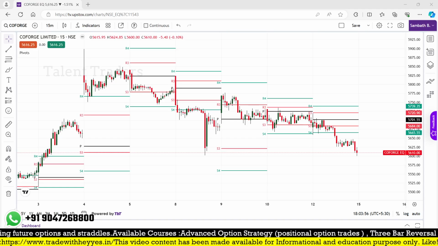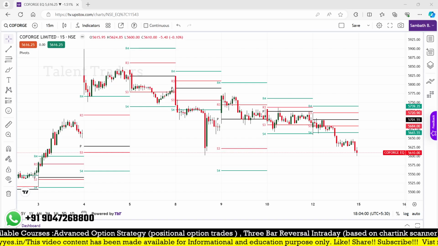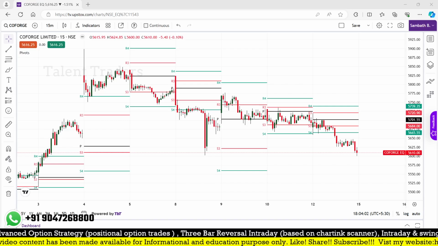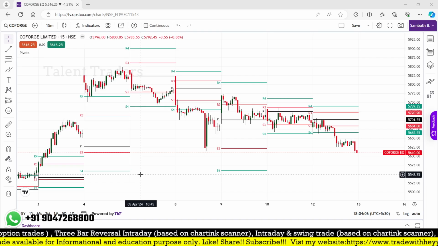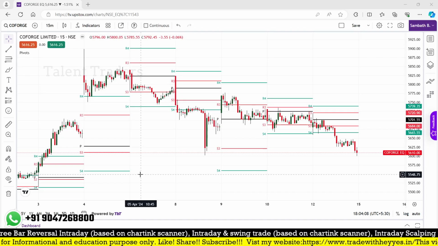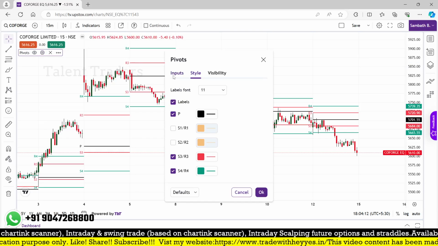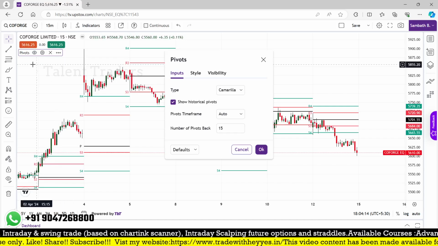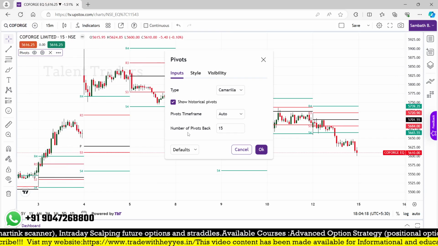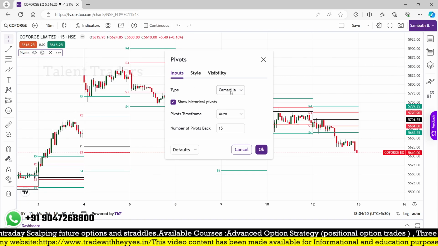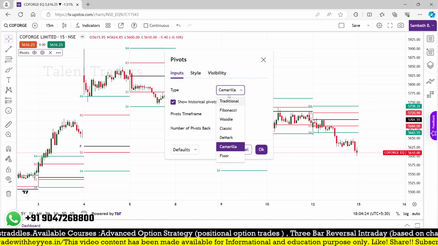One more doubt you are asking about is how to add a Camarilla. I will tell you in this video also. Two or three videos back I was sharing how you add a pivot. In TradingView, this platform shows Pivot Points Standard, and here you can change the type of pivot.